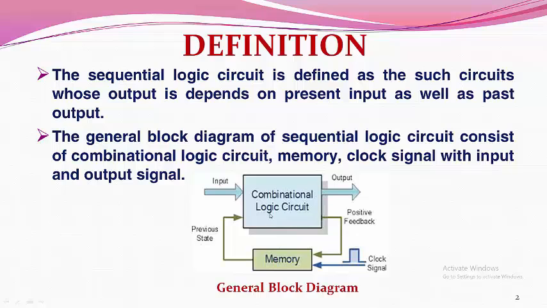For the combinational logic circuit, we are considering present input as well as present output, and by considering this feedback loop, we are considering the past output by using the memory block. This is all about the sequential logic circuit block diagram.